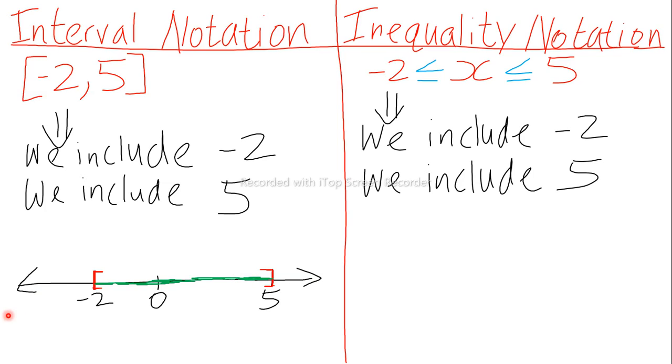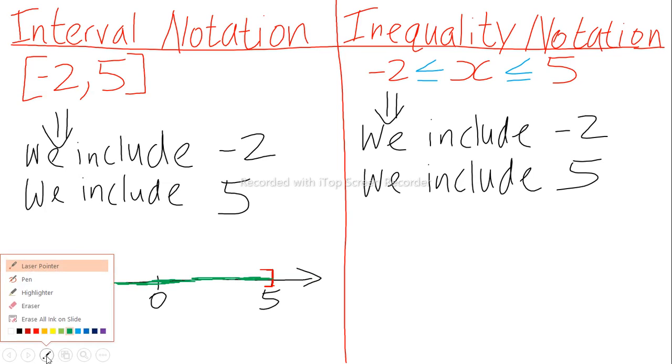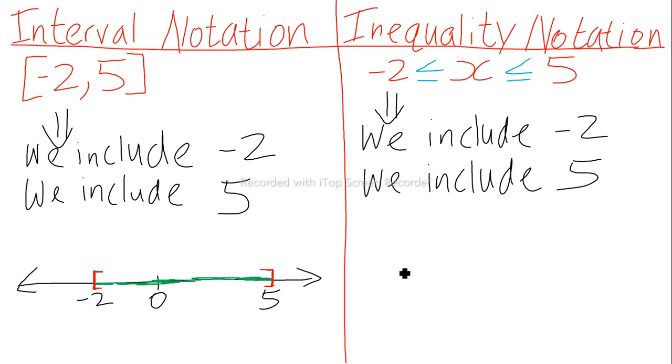Alright, so let's do another one. Again, we draw the x-axis and we label it properly. We put the 0 in the middle, we put the negative 2 here, and we put positive 5 all the way here.